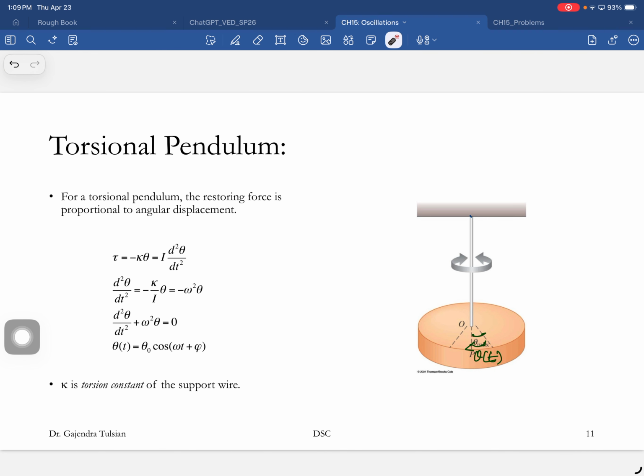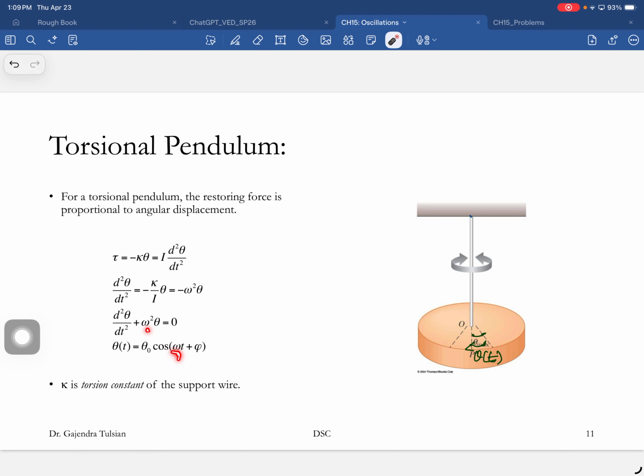In that equation, theta of t is equal to theta naught cosine of omega t plus phi. What does that value, phi, represent? Remember, here's the second order differential equation.